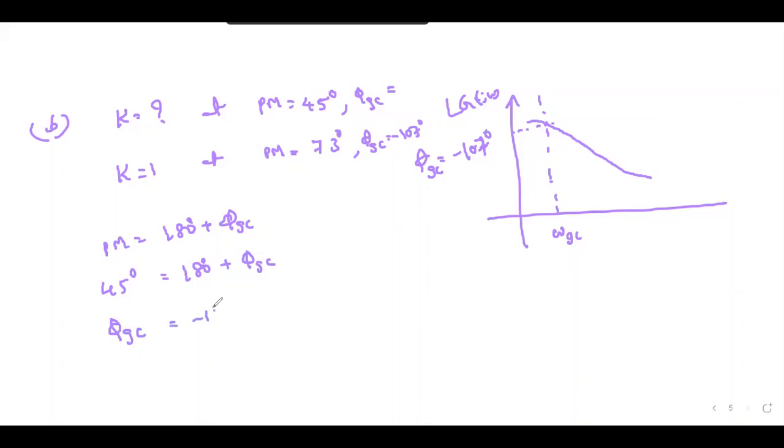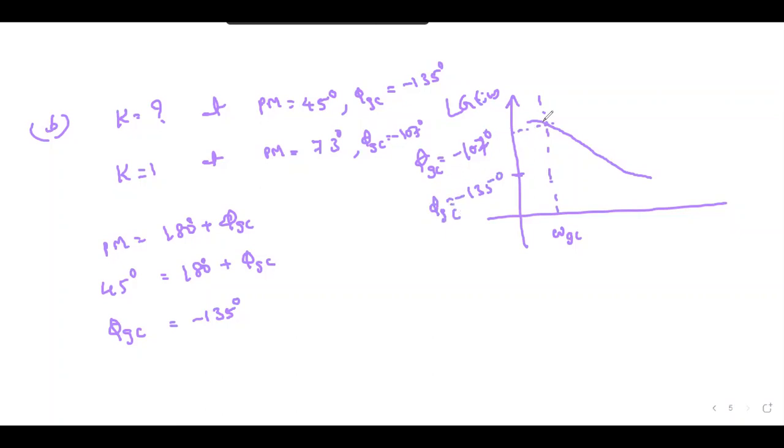Minus 135 degrees. Instead of minus 107 degrees, phi GC must be somewhere here. That means minus 135 degrees should be the new phi GC point.